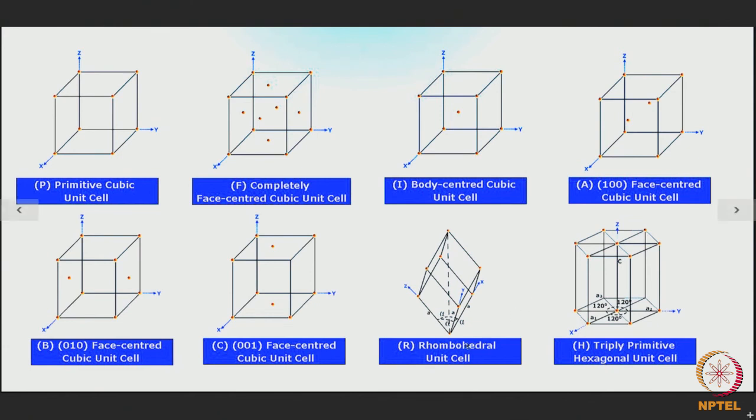Say for example, if we have a primitive cubic unit cell, it is denoted as capital P, a completely face centered cubic unit cell is denoted as F, a body centered cubic unit cell is denoted as I. Now, a 100 face centered unit cell is known as capital A, a 010 face centered unit cell is known as B, a 001 face centered unit cell is known as C, a rhombohedral unit cell is given the notation R, and a triply primitive hexagonal unit cell is noted as H. So, this will give us the underlying Bravais lattice for a crystal. So, this is the first thing to remember.